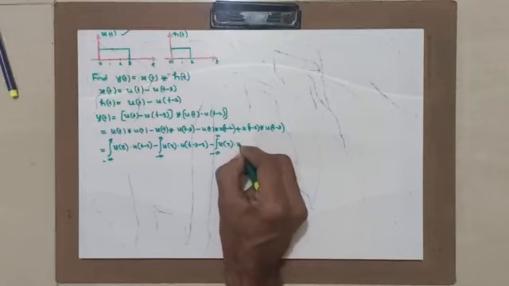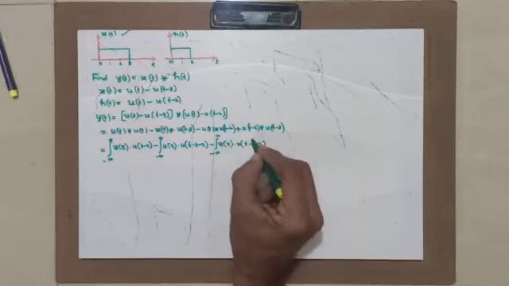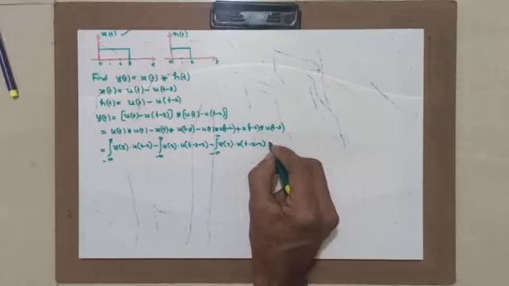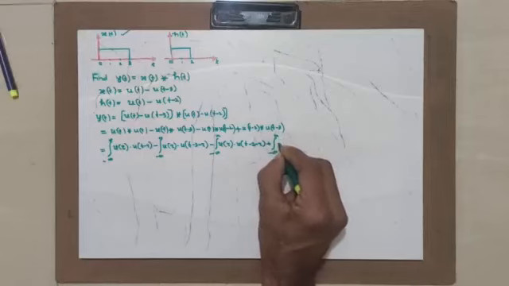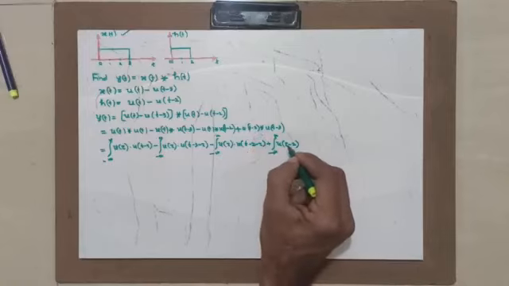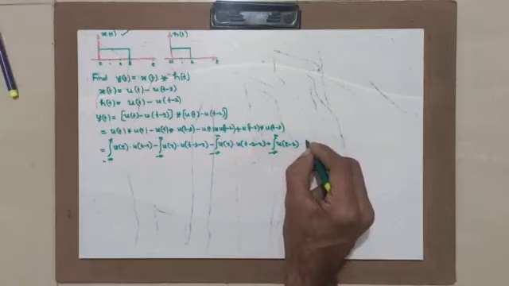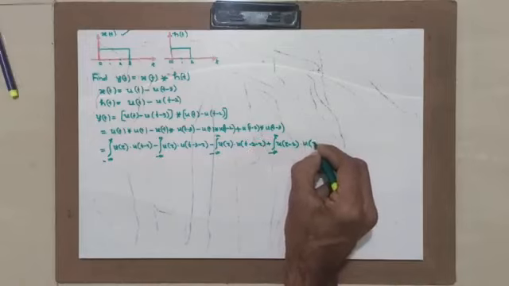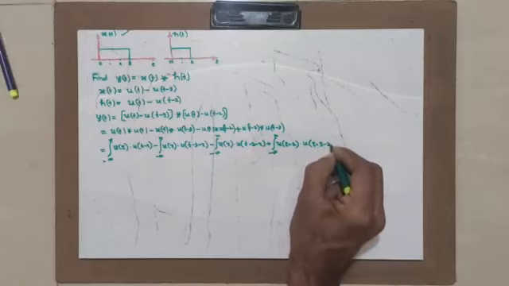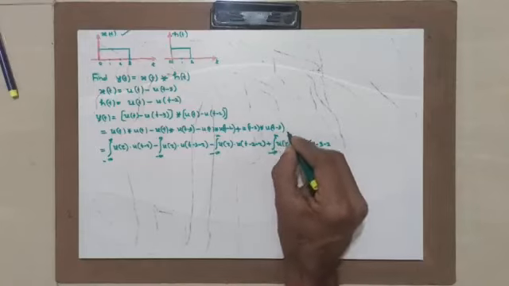dot u of t minus 2 minus tau, plus integration from minus infinity to infinity u of tau minus 2. Here you see t minus 2 is there, I am just making it tau minus 2, dot u of t minus 3 minus tau.